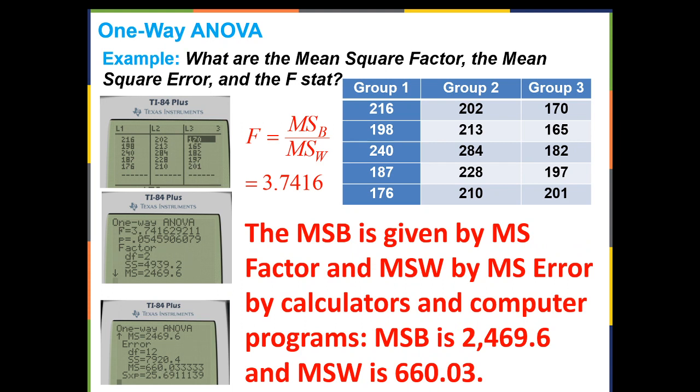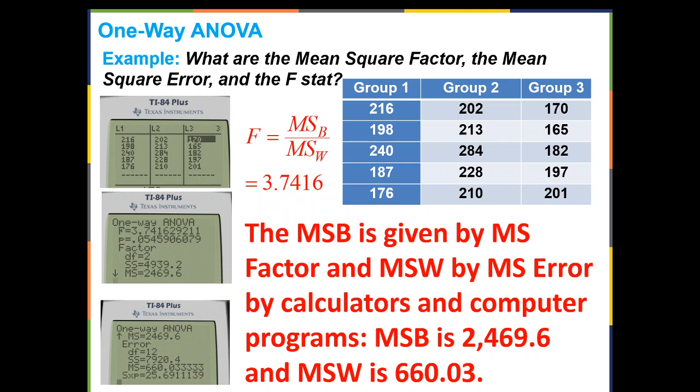That's F, and so the question here is the same problem. What are the mean square factor, the mean square error, and the F stat? Well, we have everything here. That's the F stat right here. Mean square factor and mean square error right here.